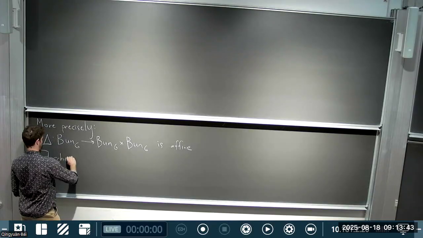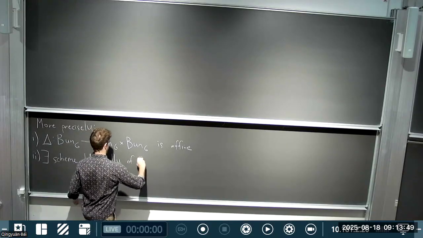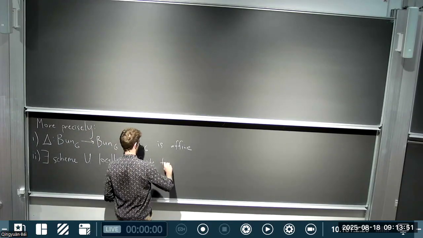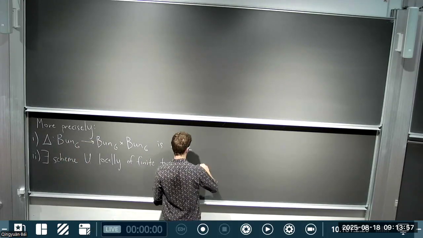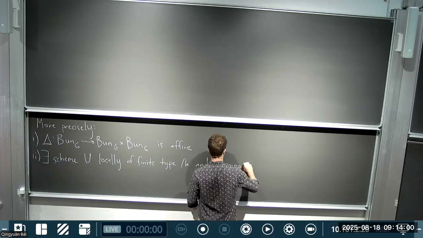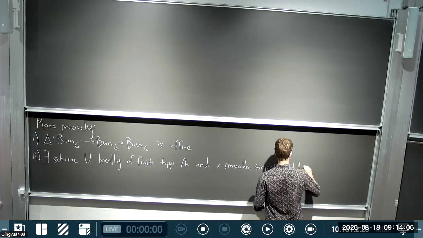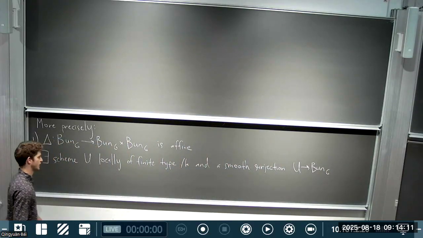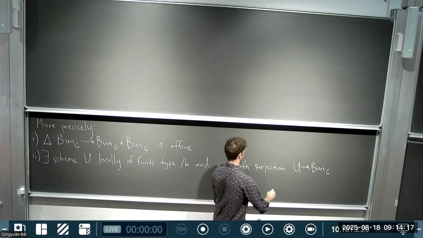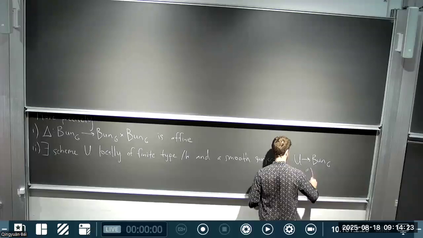So we say there exists a scheme U, locally of finite type, and a smooth surjective morphism from U to Bun G. So this is what we would call an atlas, sort of by analogy with differential geometry.